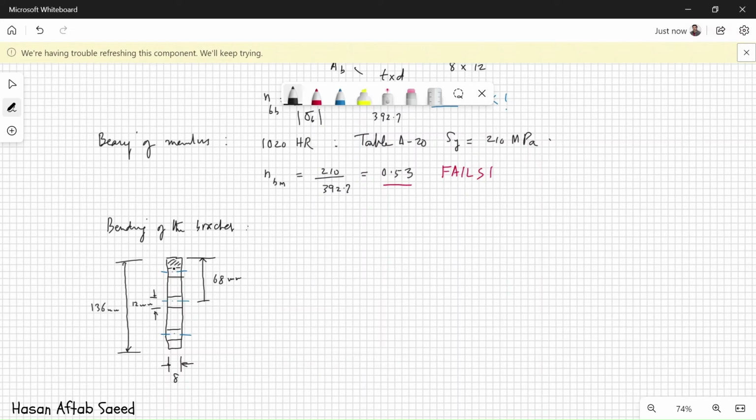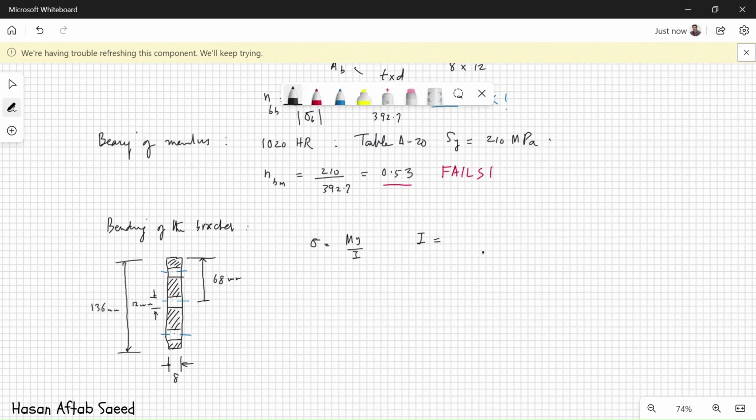It's a cross sectional area, so let me put some etching on it. We need to calculate I for this. Recall that ultimately we are going to use sigma equals My over I. M is known, y is known. The only unknown here is I. Let us calculate I here.